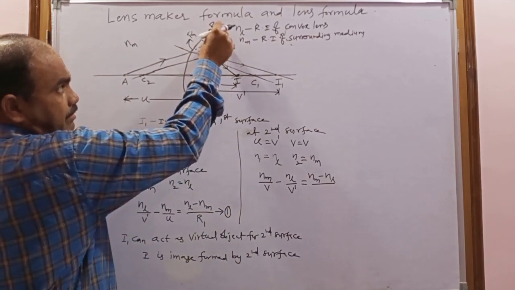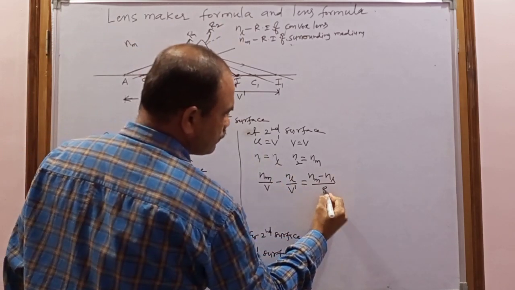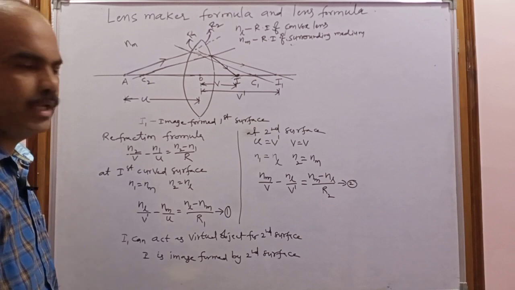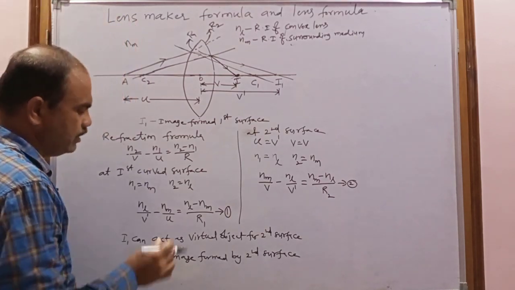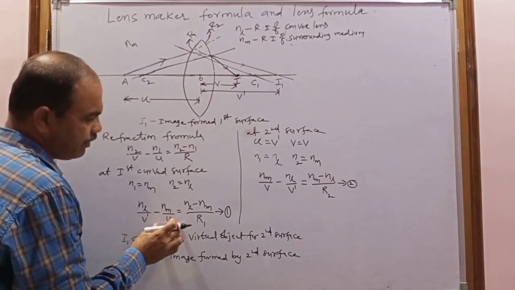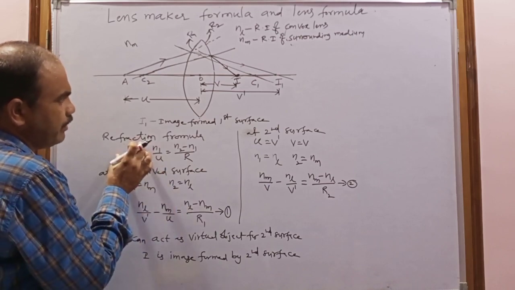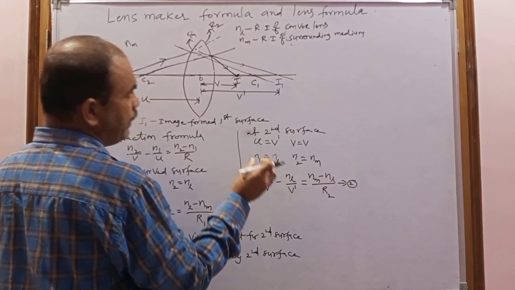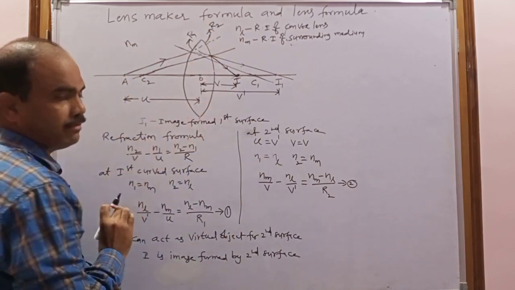Let us consider this as equation 2. This is the formula when I applied the refraction formula at the first surface, and this is the formula at the second surface.